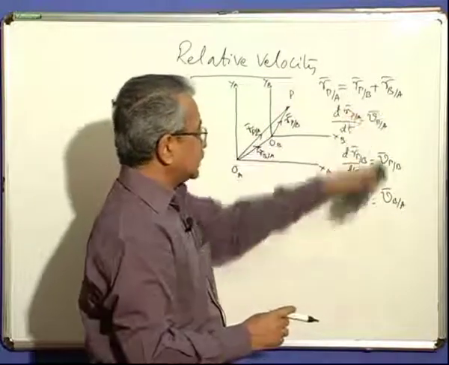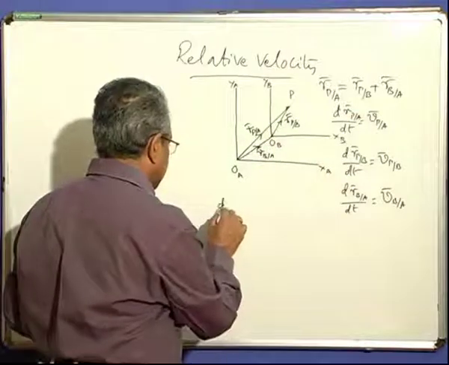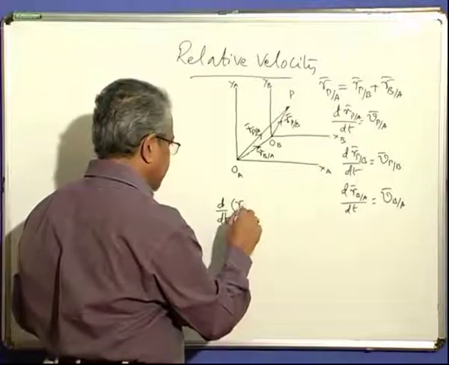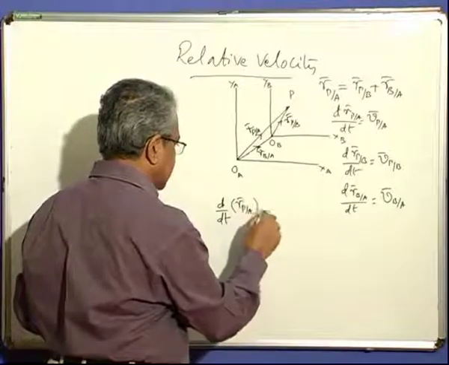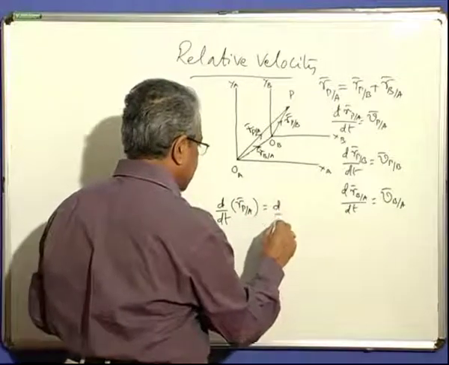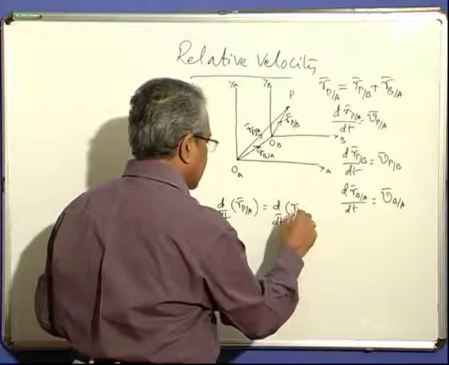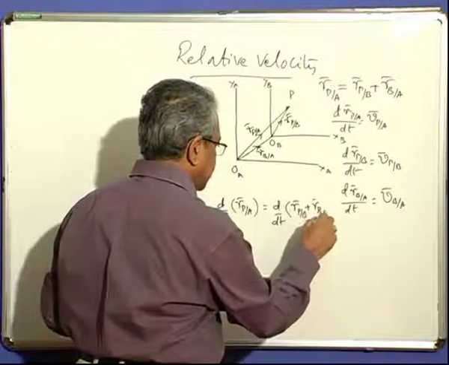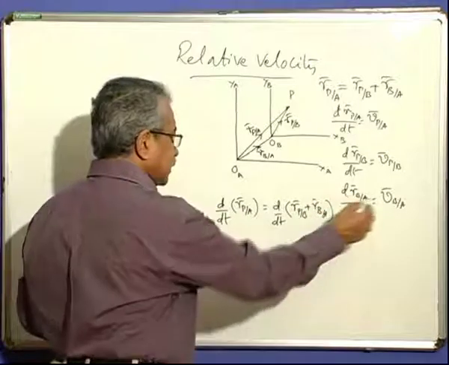So the equations tell us, if you take d by dt of RPA, it is equal to d by dt of RPB plus RBA. These are nothing but the velocities now.